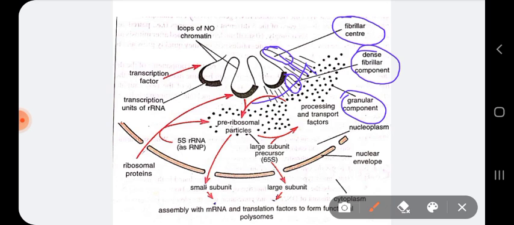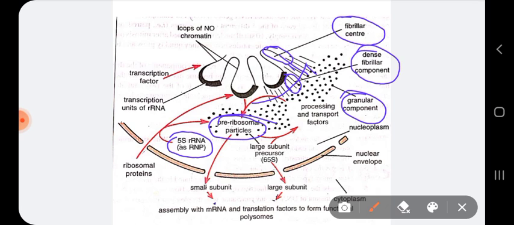So you can see the maturation of the pre-ribosomal particles occurring. All the other components of the ribosomal RNA, like 5S rRNA, 18S rRNA, and 28S rRNA, are being transcribed here.